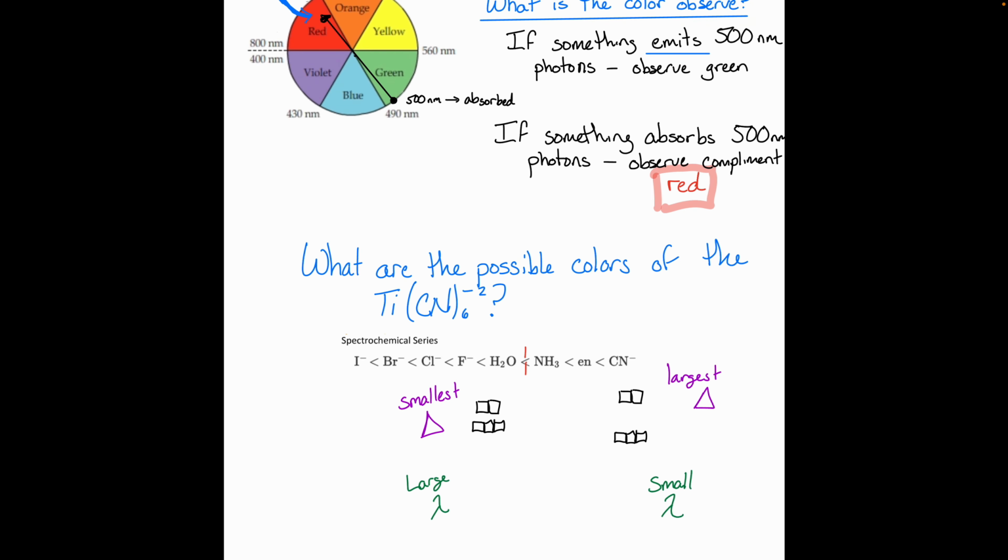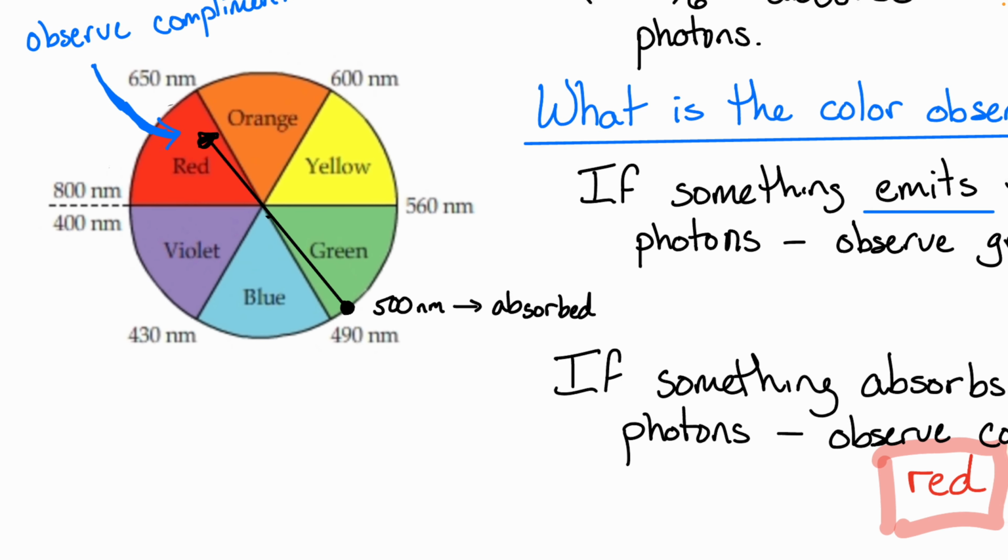All right, so there's no way that we can say for sure here what the color of this complex is going to be. What we know is that it has to absorb less than 500 nanometers. Somewhere in this region here, that cyano complex will absorb, because it's less than that 500 nanometers.